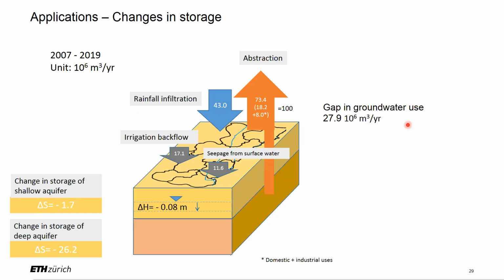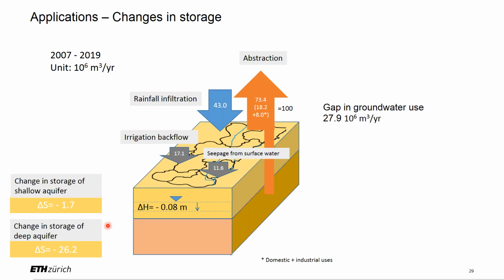The changes in storage can also be calculated to look at the gap, which is the difference between recharge and water use that is abstracted from the aquifers. Look at the period from 2007 to 2019, when we have relatively good quality pumping electricity data.